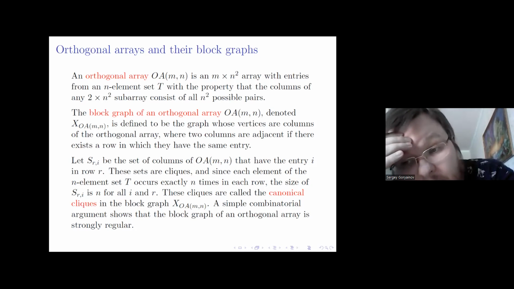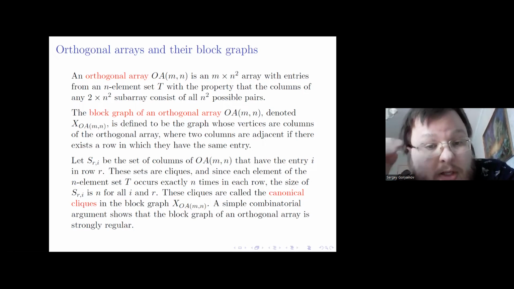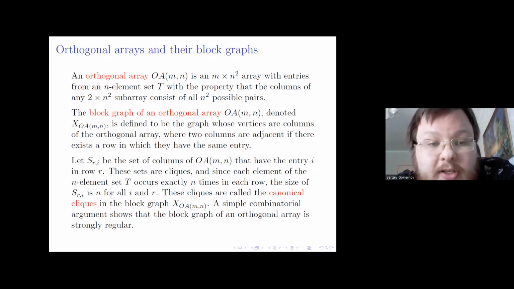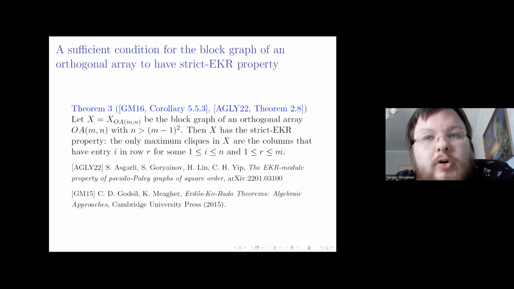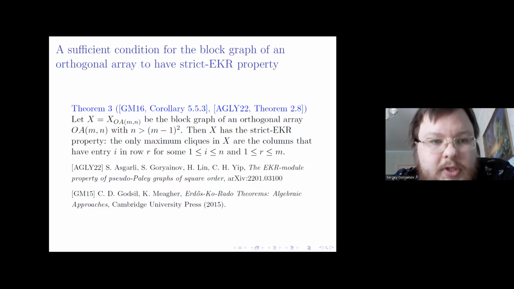A simple combinatorial argument shows that the block graph of an orthogonal array is strongly regular. The following sufficient condition for the block graph of an orthogonal array to have the strict EKR property was given in the book by Godsil and Meagher. It should be Theorem 15 here.